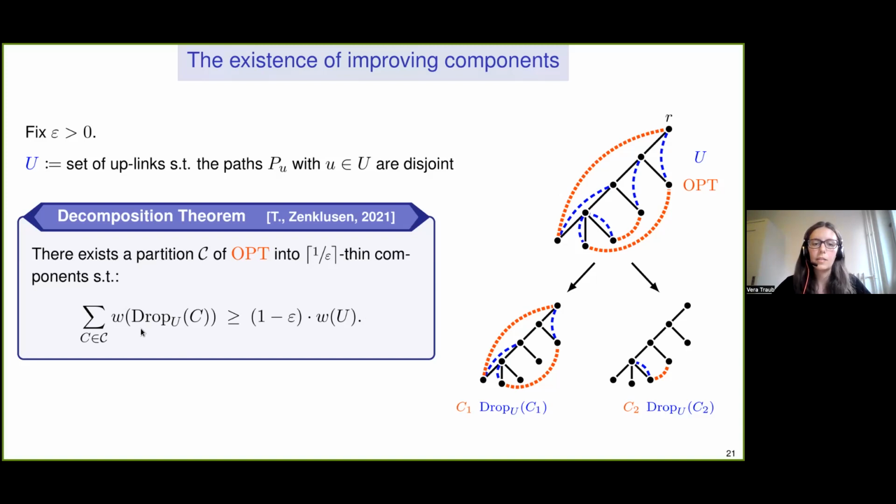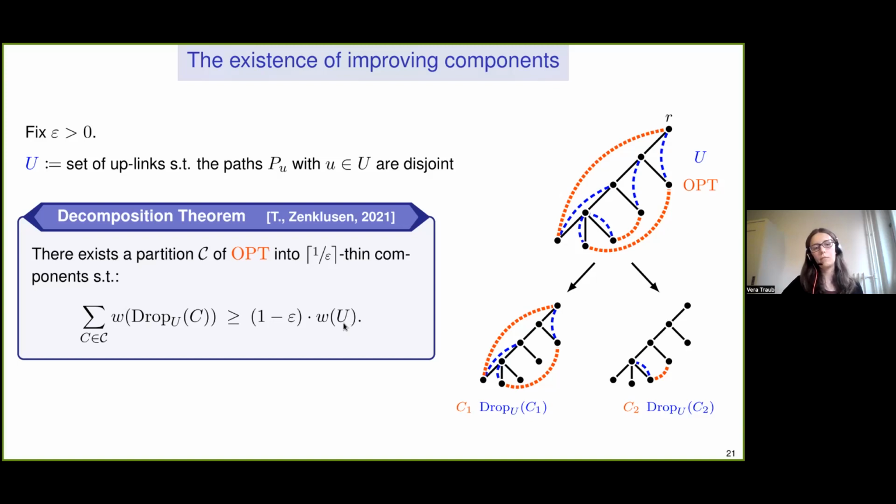And in that case, I could say that the sum of the weights of these drops would be lower bounded by the weight of the whole set U. That would be the case if every uplink, each of these blue links here in my uplink solution U, is contained in one of the drop sets of these components. And what this decomposition theorem tells us is that we can almost achieve this best possible lower bound up to this 1 minus epsilon factor here.